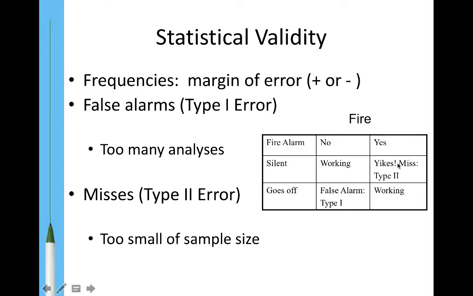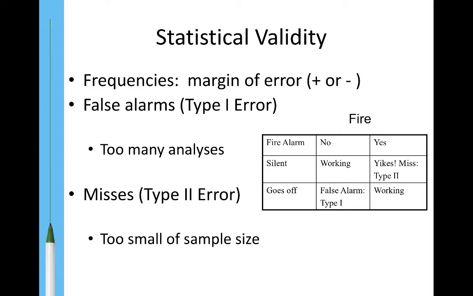Oftentimes the problem with the type 2 error is that we don't have enough people in our study. It turns out that in order to get statistical significance, you need sufficient numbers of people to make the error of estimation small. If you've got like 10 people per group, even if there's a pretty big difference, chances are good that you'll miss it.